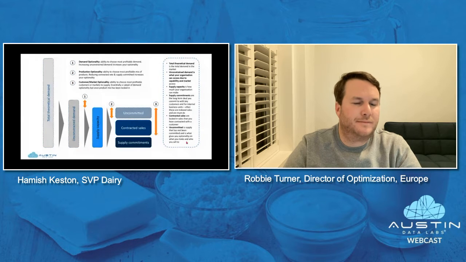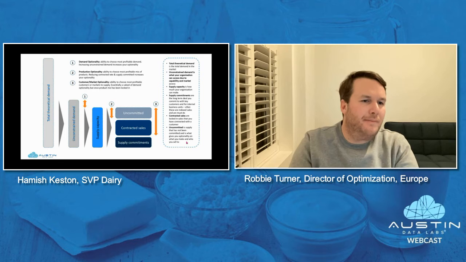So then if we skip to looking at the little arrows with the numbers against them. Essentially what I'm trying to demonstrate here is the different types of optionality as you move from left to right. So starting with demand optionality, that's basically the difference between your unconstrained demand and your supply capacity.